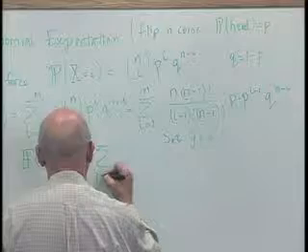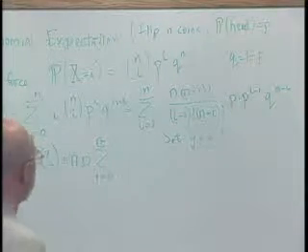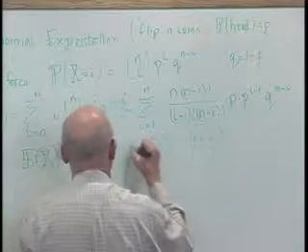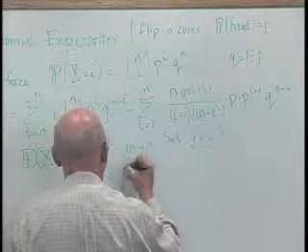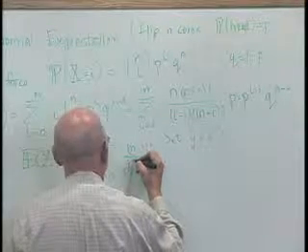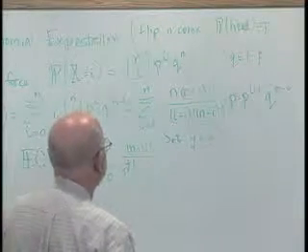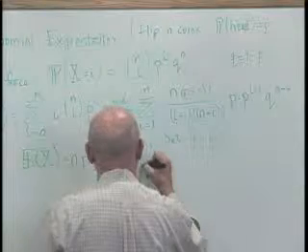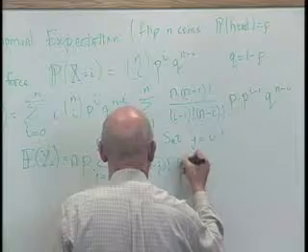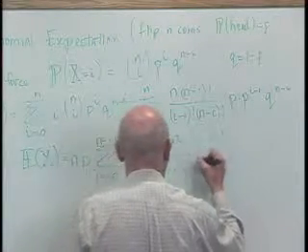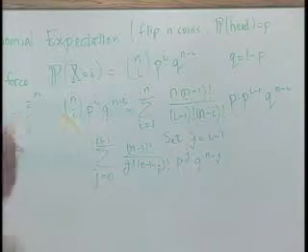Now we've got the sum from j equals 0, not to n, but to n minus 1, of n minus 1 factorial over j factorial times n minus j plus 1, which is actually n minus 1 minus j, isn't it? p to the j, q to the n minus j.